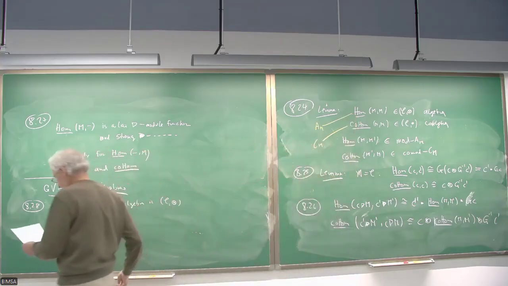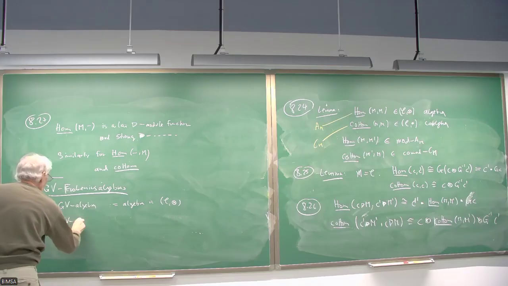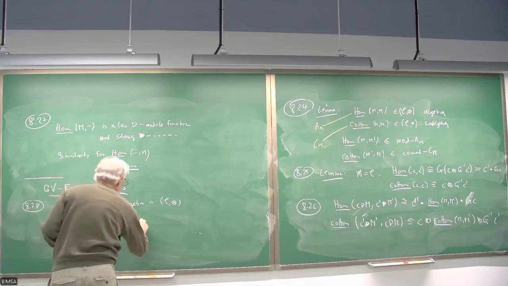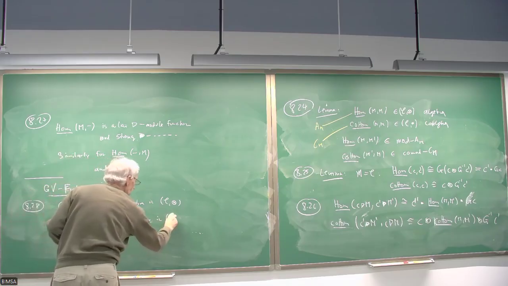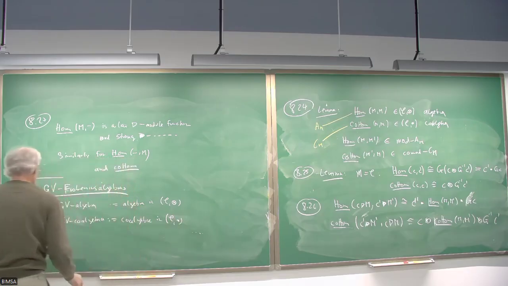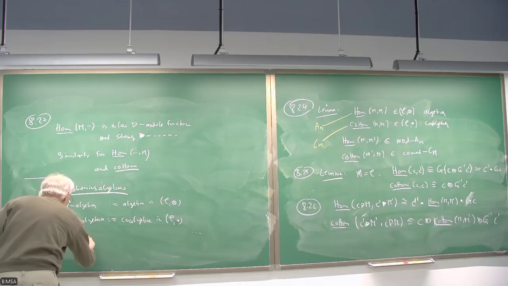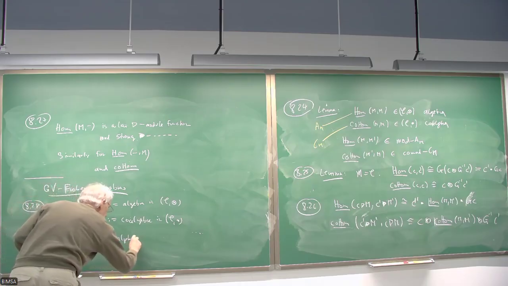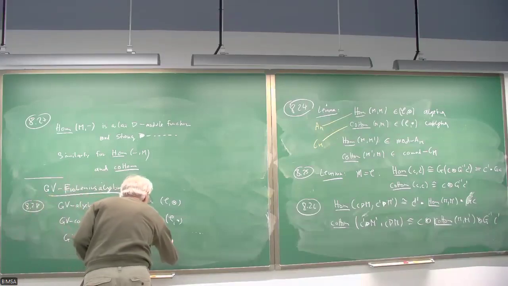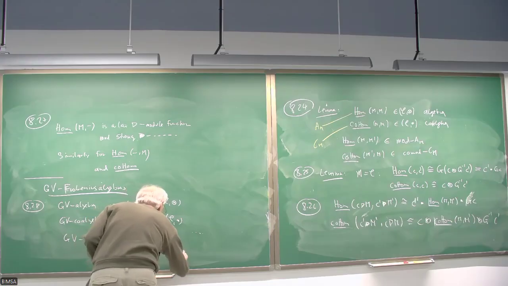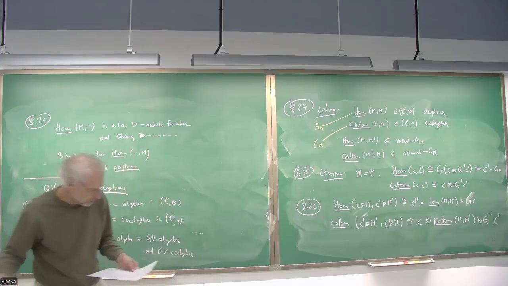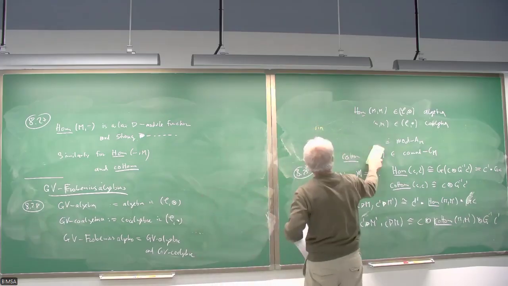And then by the second result, we say that the GV co-algebra is a co-algebra, but now in C with the other tensor product. And then the GV Frobenius algebra is, of course, a GV algebra and a co-algebra with a compatibility condition, which now reads as follows.